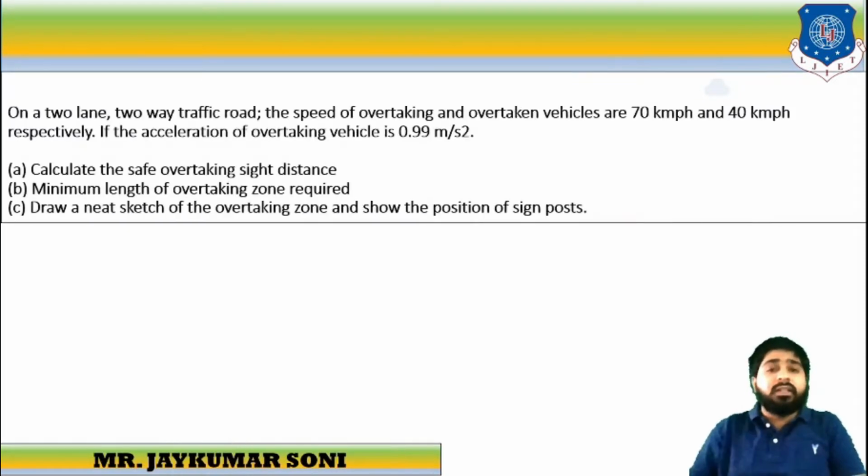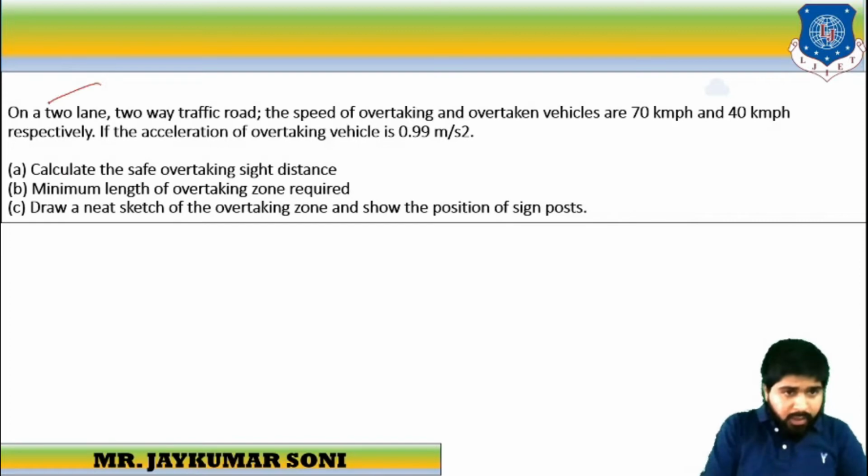So let us understand the first statement: on a two-lane road, with two-way traffic, the speeds of the overtaking and overtaken vehicles, V1 and V2, are 70 and 40 kmph.